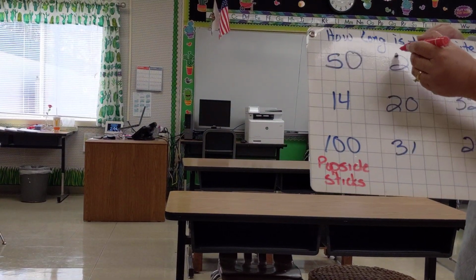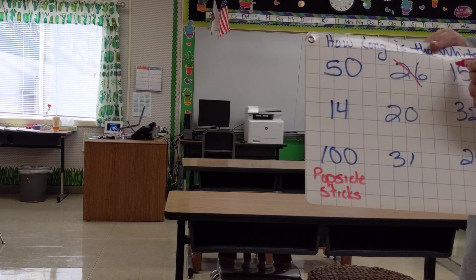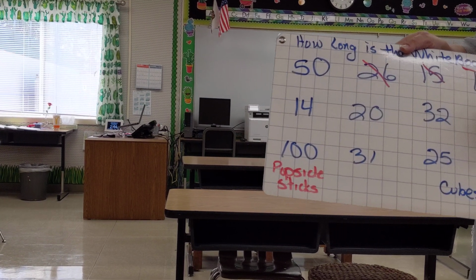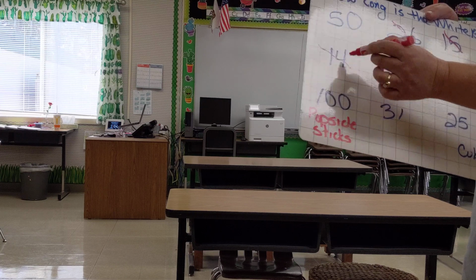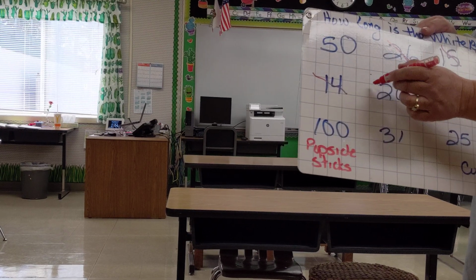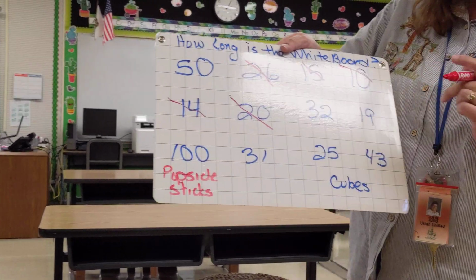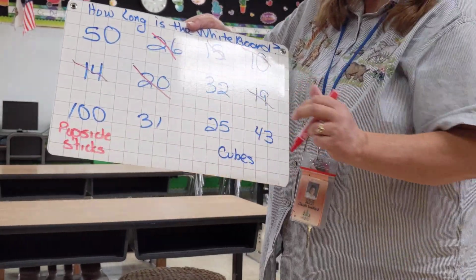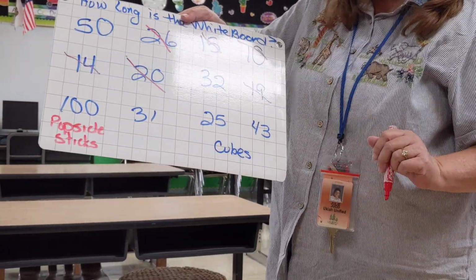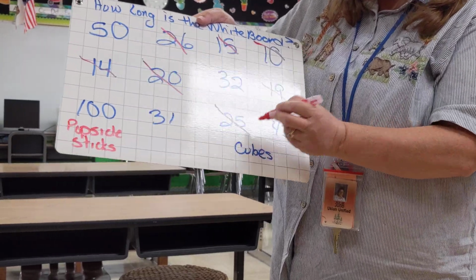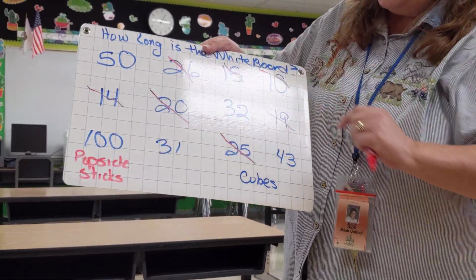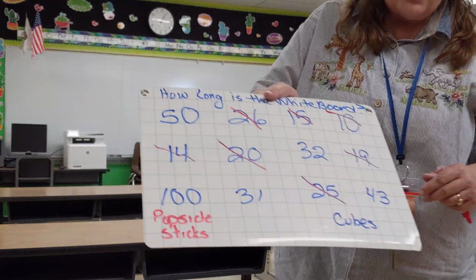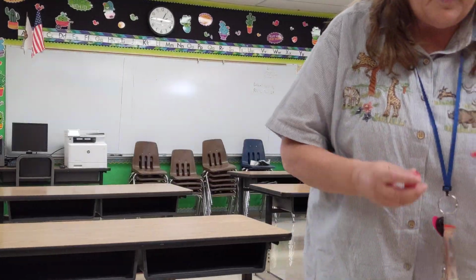We've passed 26. We've passed 15. We've passed 10. We've passed 40. We've passed 20. We haven't passed 32 yet. We've passed 19. We have not passed 100. We have not passed 31. We did pass 25.